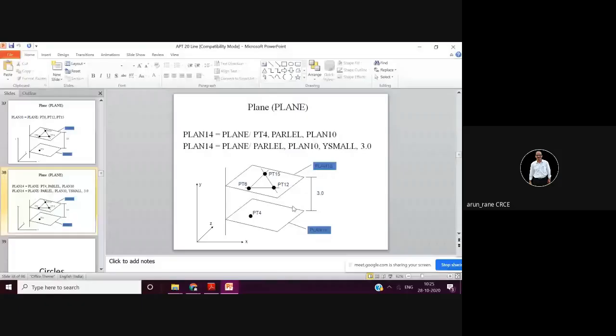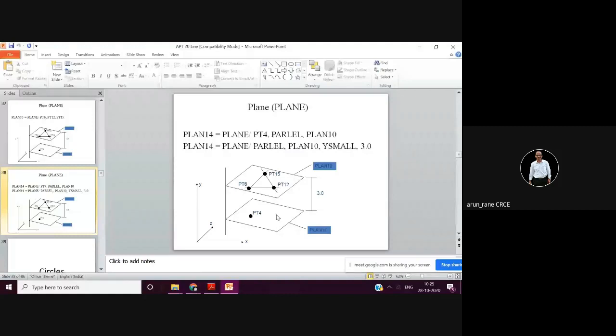Now y small 3.0, right? Y small 3.0. So that means this plane number 14 is parallel to this plane 10, and y small 3.0. Now if it is parallel, again there can be many planes parallel to this plane 10.